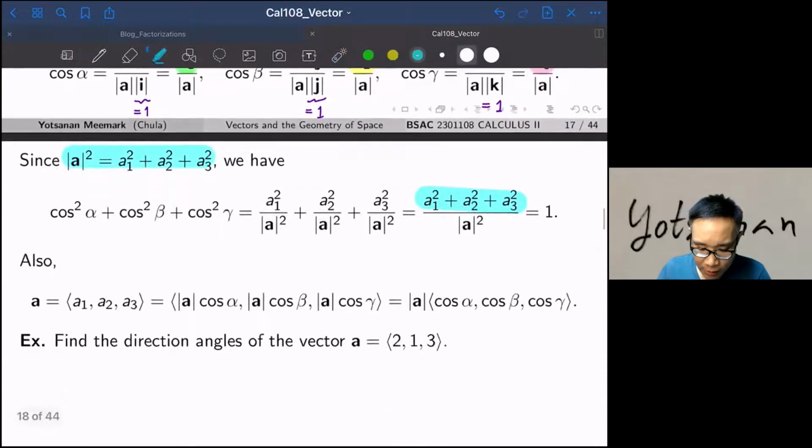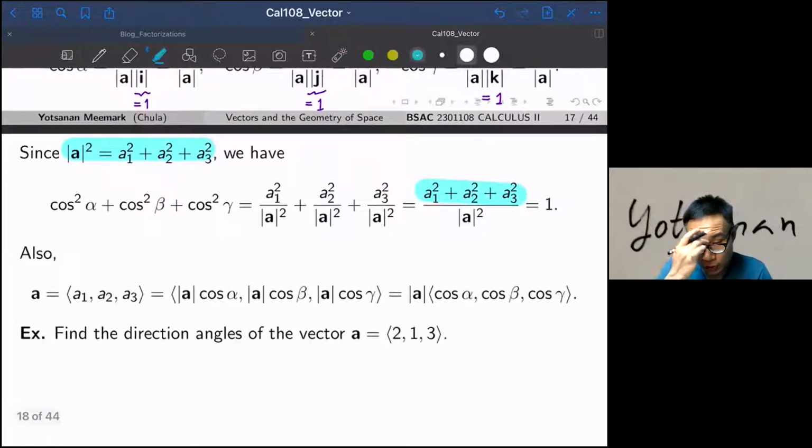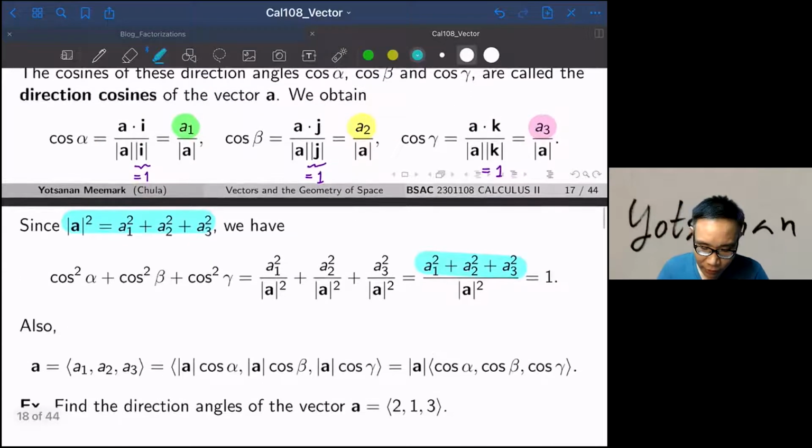Okay, and you're going to be able to have A. So the vector A is A1, A2, A3, and you can see from this relation that you're going to have A1 given by norm A multiplied with cos alpha, A2 given by norm A cos beta, and A3 given by norm A cos gamma.